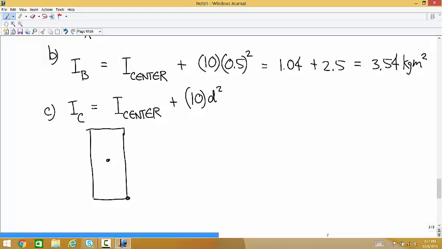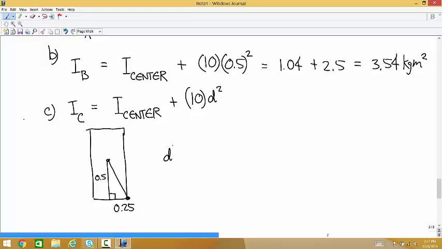We're looking for this distance. If you set it up as a right triangle, you can use the Pythagorean theorem. What's the length of this vertical leg? 0.5. What's the length of the horizontal leg? 0.25.